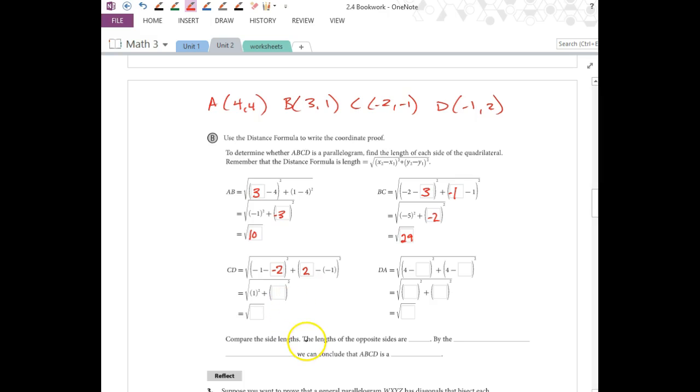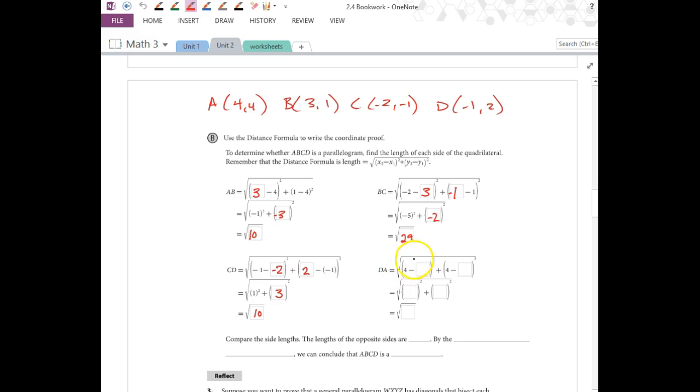Okay, the next box, what's 2 plus 1? 3. If we add those together, we got 1 plus 9. 10. So anybody see something? Okay, so AB is equivalent to CD, so opposite sides are congruent.